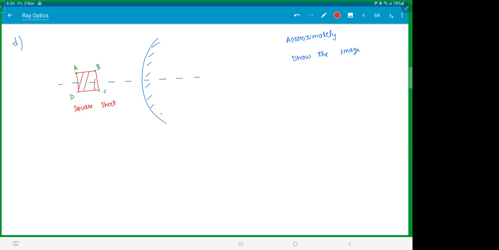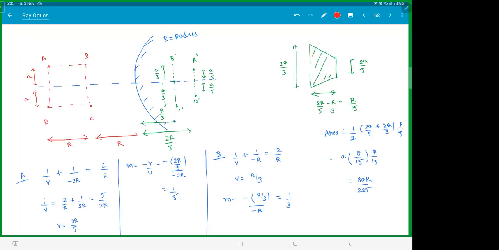No, it's not a trapezium. It's not a trapezium. If it was a trapezium, the figure would have only been drawn as a square shape.